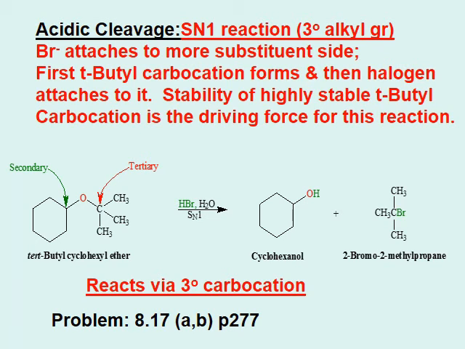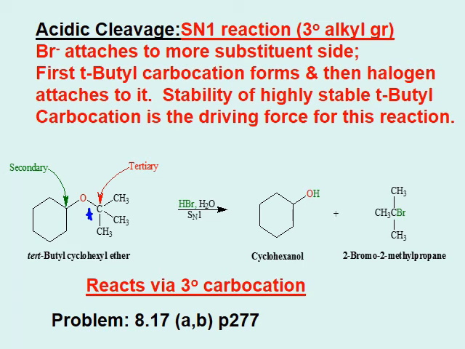Ether reaction can also happen in a different manner, especially if it involves a tertiary carbon. Like in this particular case, this carbon is tertiary because that carbon is bonded to 3 other carbons. Whenever there is a possibility of tertiary carbocation formation, it does form because tertiary carbocation is more stable than primary or secondary, or 1 degree or 2 degree.